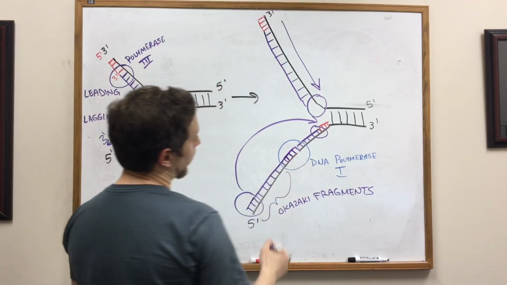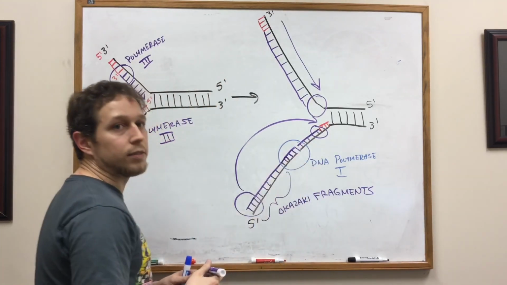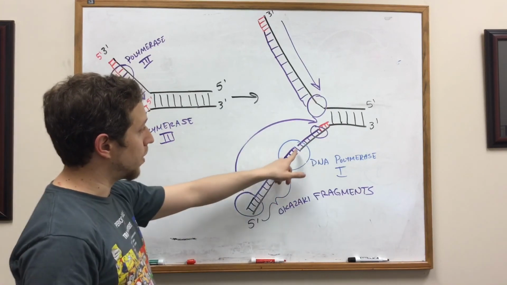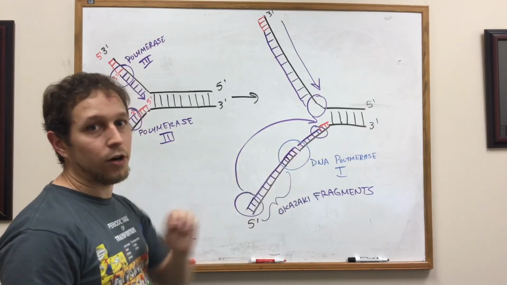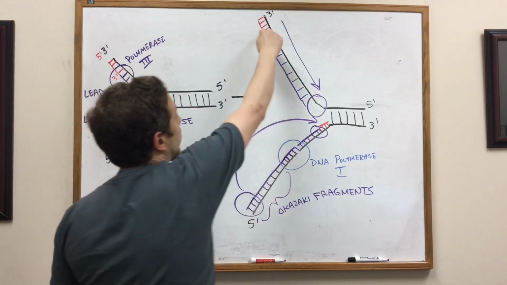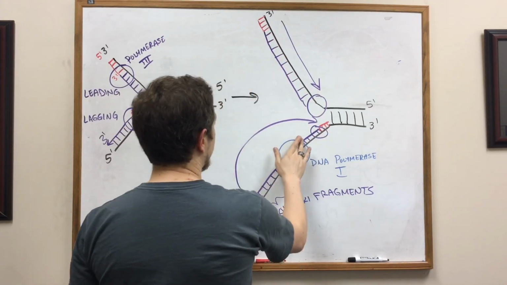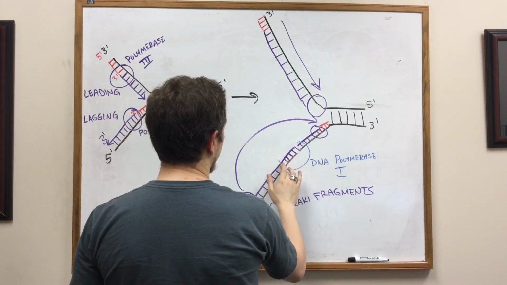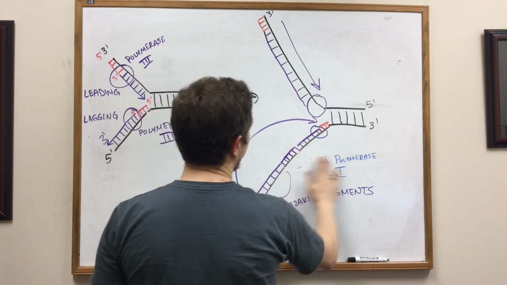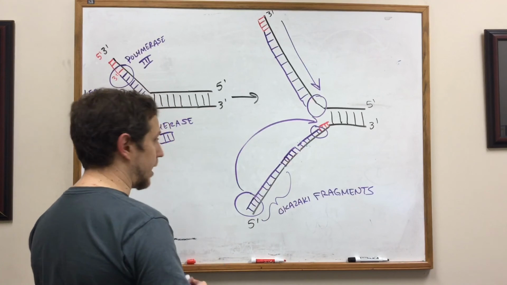But there's still one minor problem. There's a gap that exists between our two pieces of DNA. So DNA polymerase 1 swings in, but we still wind up having a gap, a break in our new strand of DNA. We want to link these Okazaki fragments into one consistent piece like we have on our leading strand. So after DNA polymerase 1 swoops in and replaces the RNA with DNA, there is another enzyme that's going to come in, and it's going to link these fragments of DNA together.